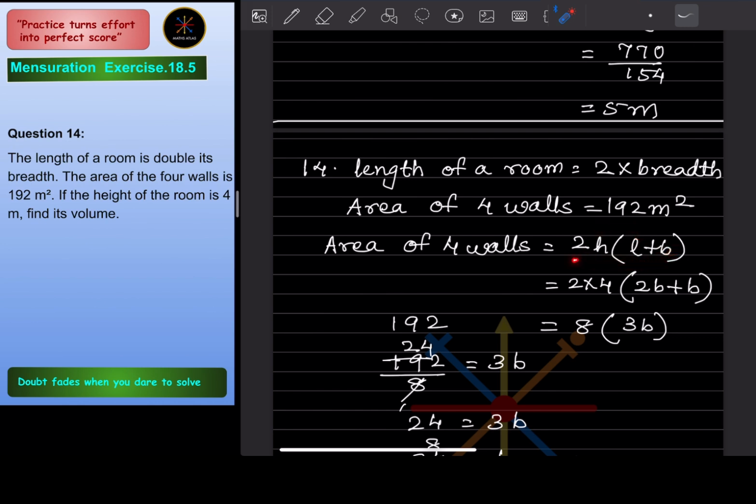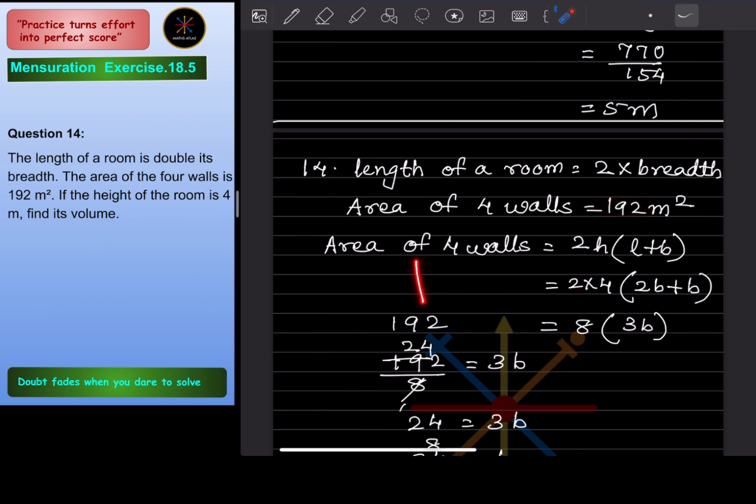Now we know the height is given, that is 4 meters, so 2 into 4, and the length is twice the breadth, so we can write in place of length 2b, and this b let us keep as it is. This is already given here as 192.